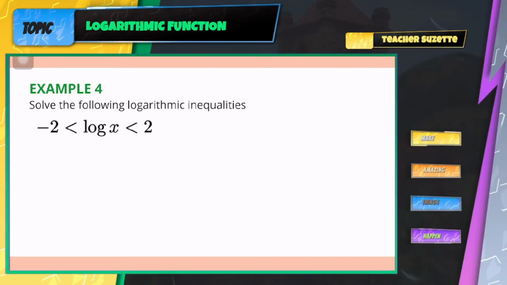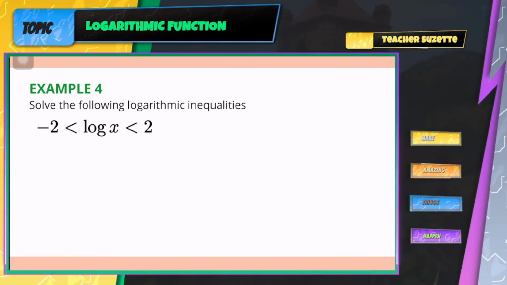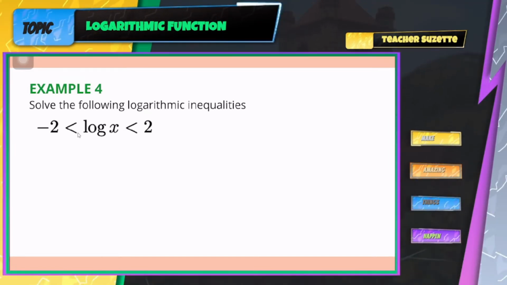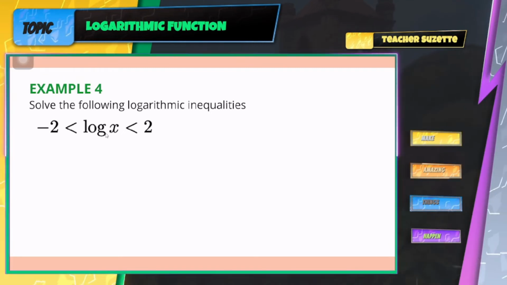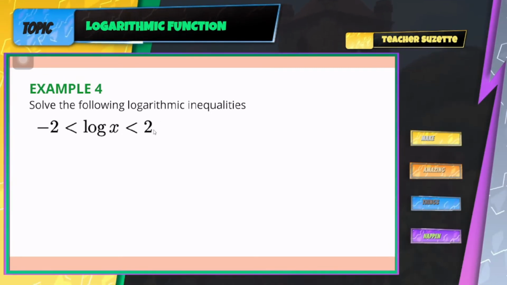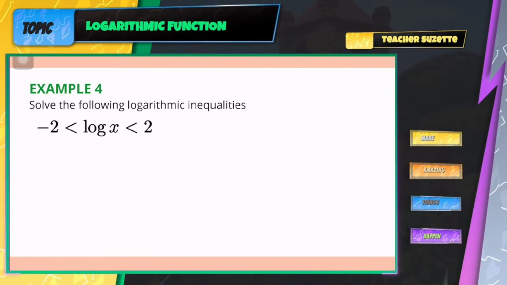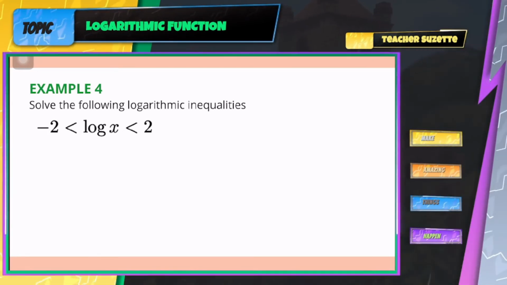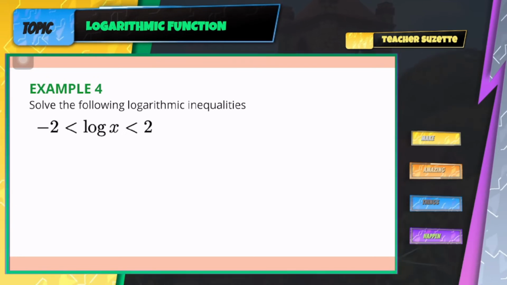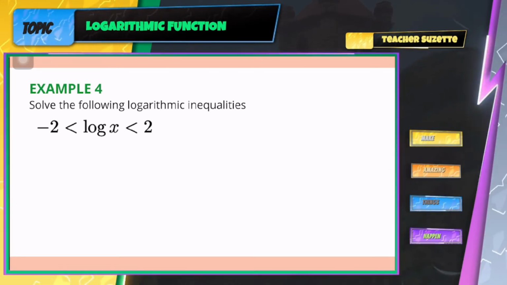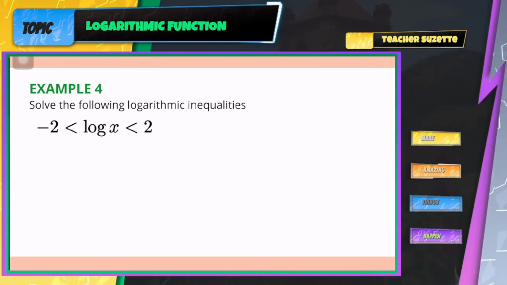So, let's have our example number 4. We have the logarithm of x is greater than negative 2 but less than positive 2. To solve this, we are still going to follow the steps we did earlier. First, check the base. Then, ensure the values of x that would make the logarithm defined.